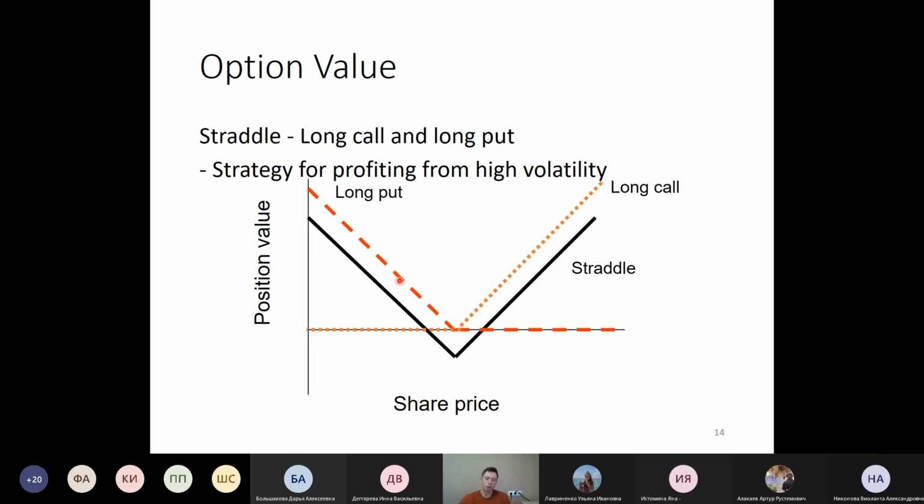If this change in price is bigger than the cost of the long call and put options, you benefit in both of those regions. But if the change is lower than the price that you paid for the options, you might have some losses.